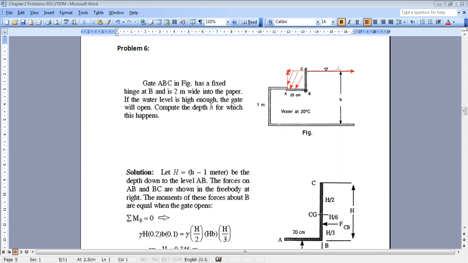The level of water here is higher than this level. If I complete my volume of water, I have a missing part of water. So this is called the missing volume of water, okay?